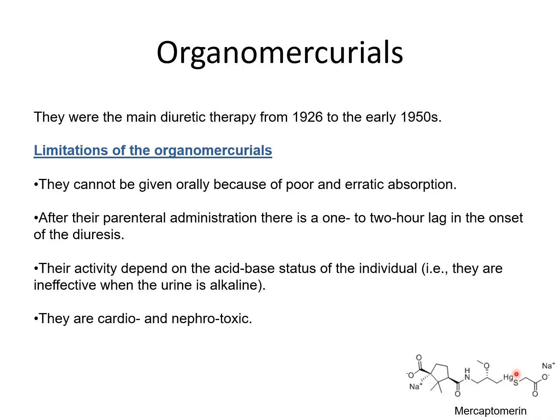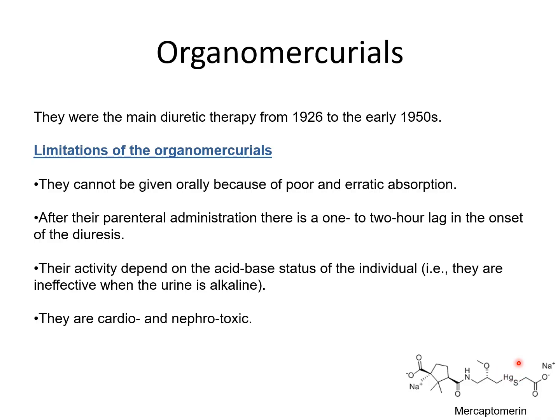And the mercury is important for their activity because the release of mercury binds to the sulfur in the proteins on the tubular cells, and that inactivates the sodium transporters that we saw previously, which are the sodium potassium chloride co-transporters.